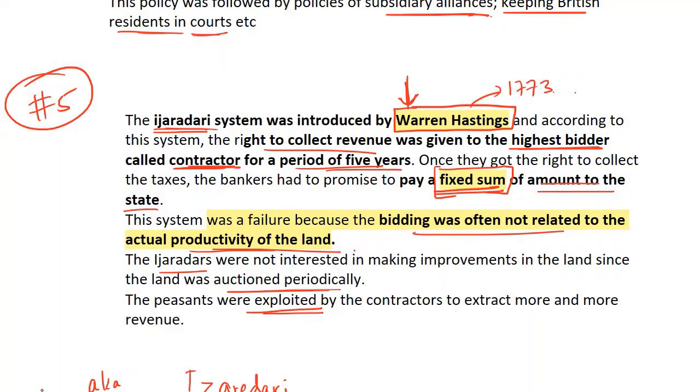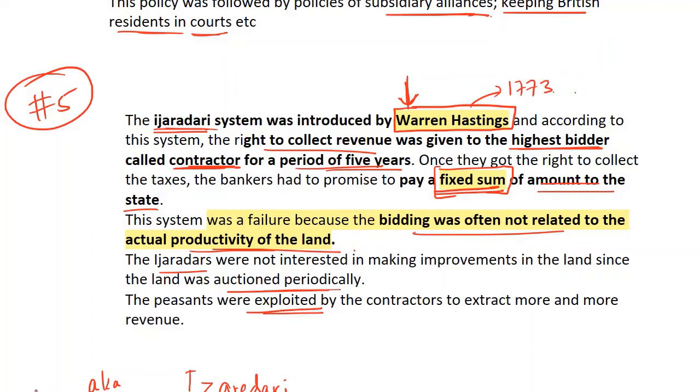So basically, after the Battle of Plassey, if you remember, British actually secured the Diwani rights, that is the right to collect revenue, and Robert Clive obtained the Diwani of Bengal, and there used to be annual settlements of the land revenue at that time. The Ijradari system, 1773 में Warren Hastings ने introduce किया, whereby he assumed all the land belonging to the state. यानी कि he said कि जितना भी land है वो state का है.